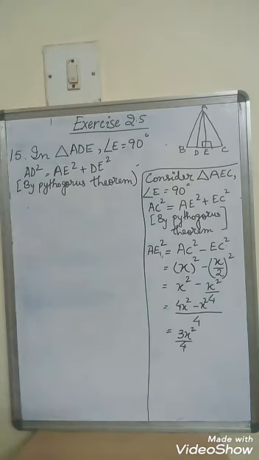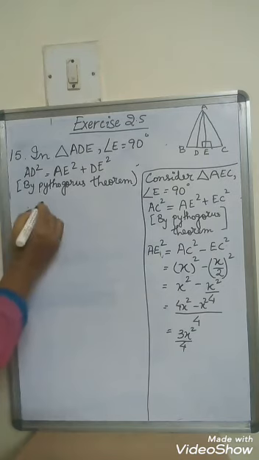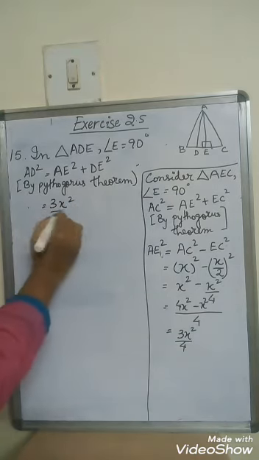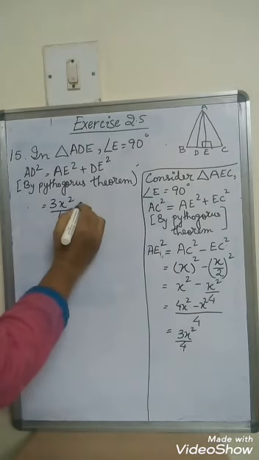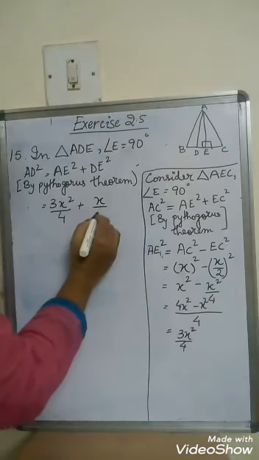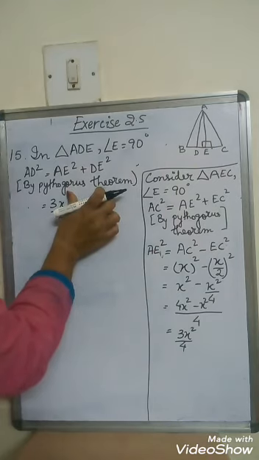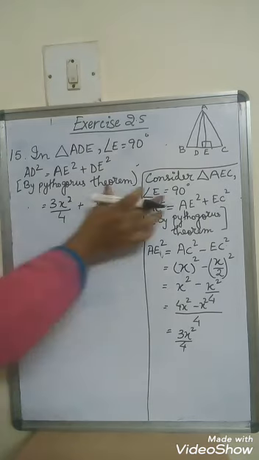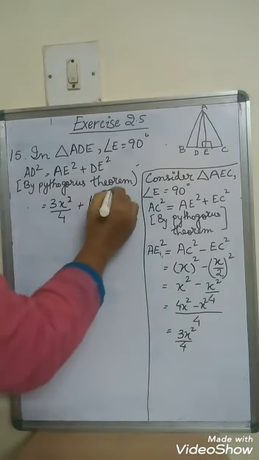Okay, so now we will be solving it. We have the value of AE square, which is 3X square by 4, and the value of DE, previously we found it was X by 6, whole square.